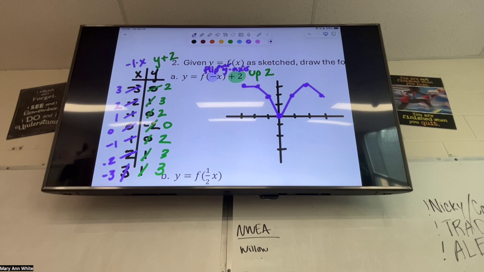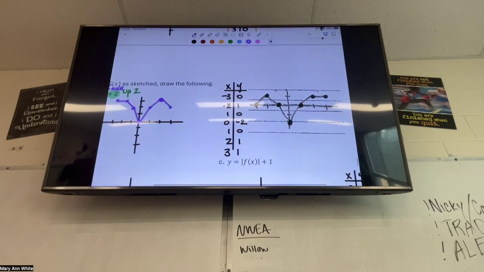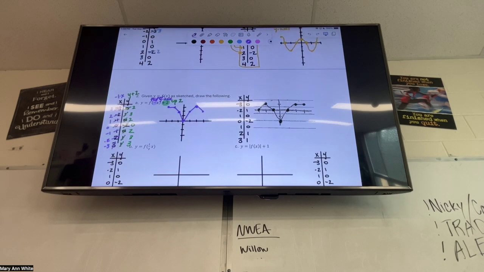And so if I look at my original graph compared to this one, I'll just zoom out a little bit, I can see that it got flipped over that Y axis. And I can see that it moved up a couple of units. Is everybody okay with that so far? I like to do a little visual check. Does it make sense, the transformations I did compared to the original? See where you're at. All right, can we go to the next one?